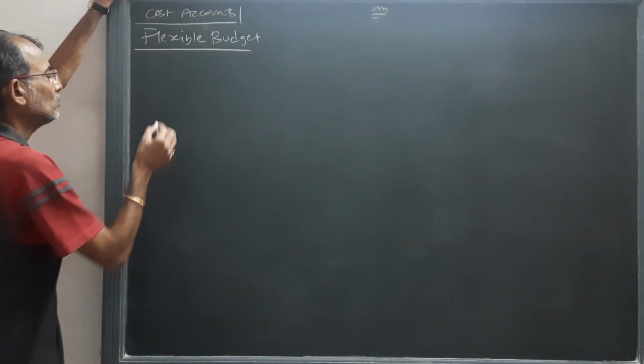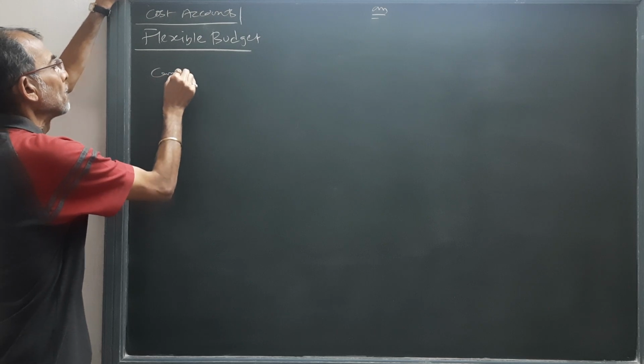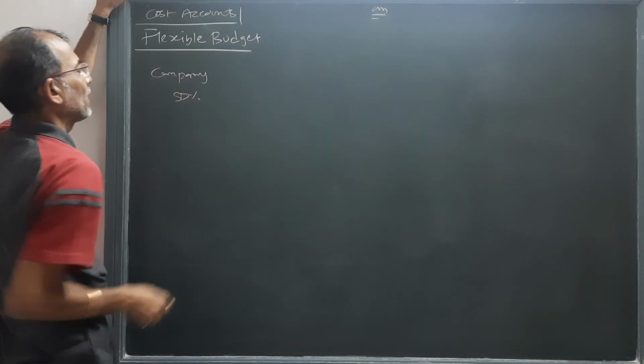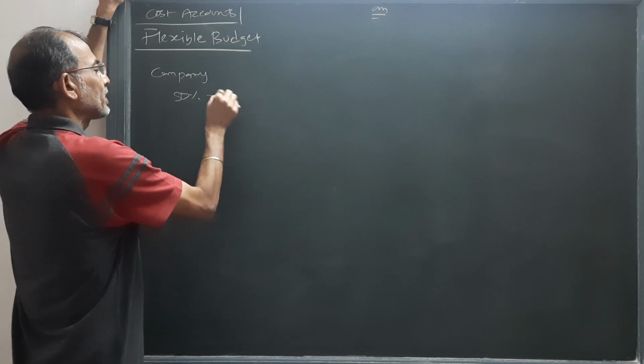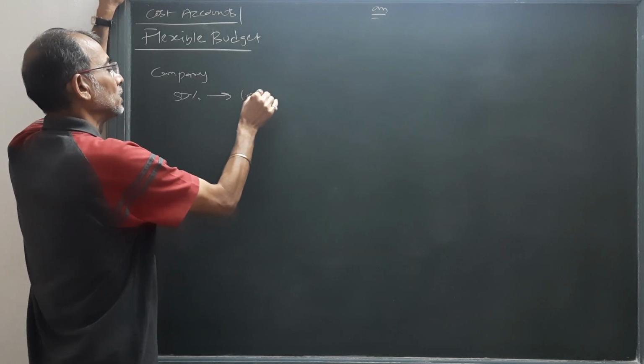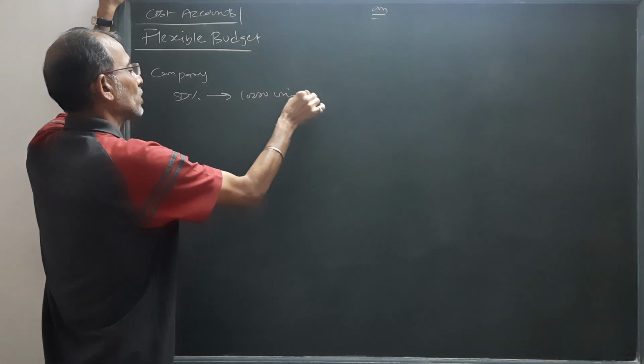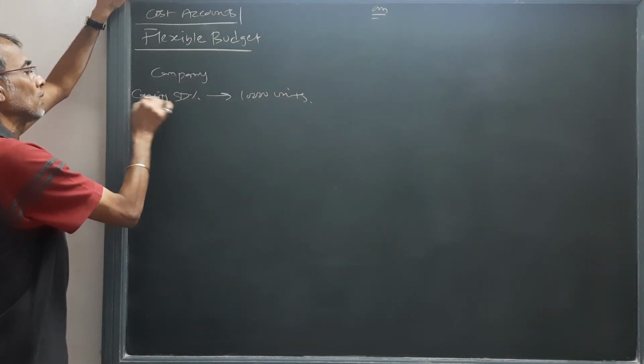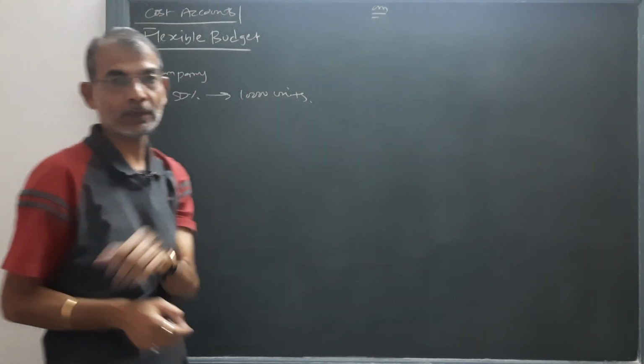Suppose a company is running at 50% capacity and manufacturing 10,000 units. Now working capacity is 50%.